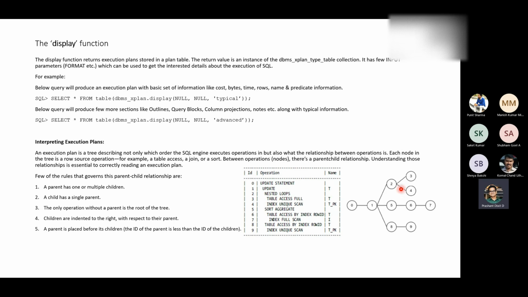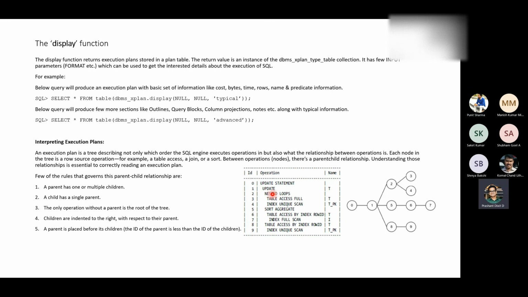The nested loop is ID number 2, table access full is ID 3 and becomes its child, and index unique scan is ID 4, again a child of this parent node 2, right? The nested loop is a little bit to the left, and these two are at the same level, with no change in the indentation or the formatting, correct?